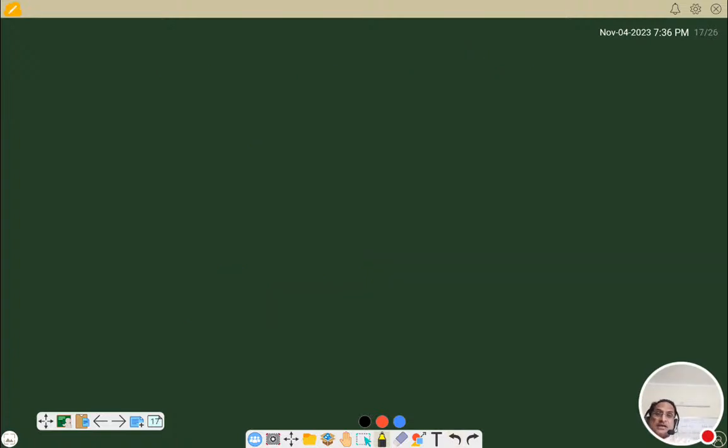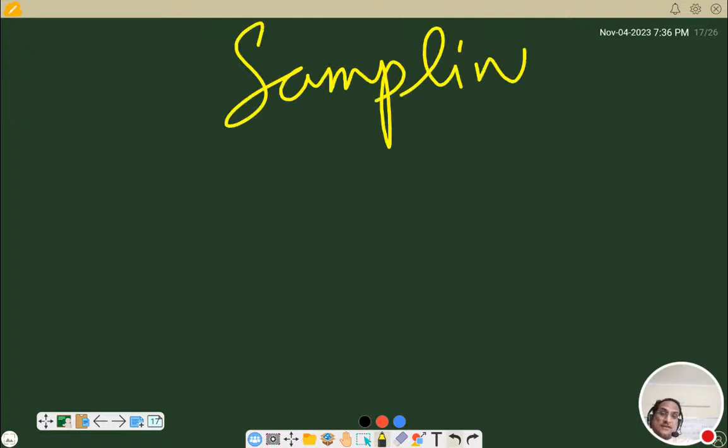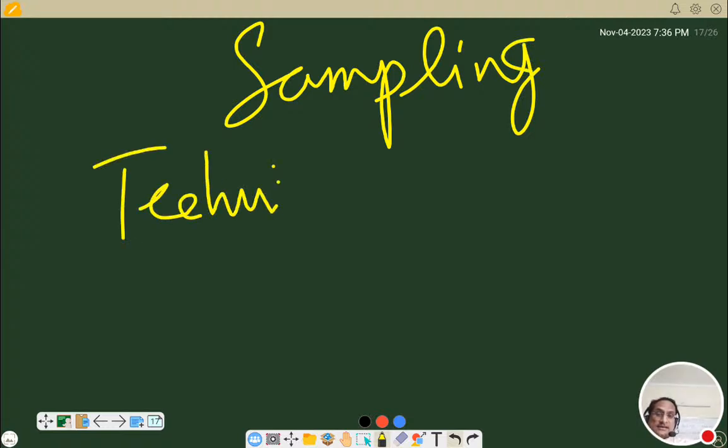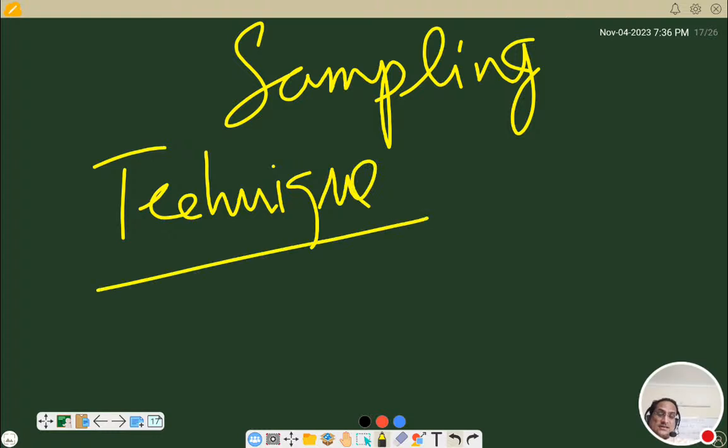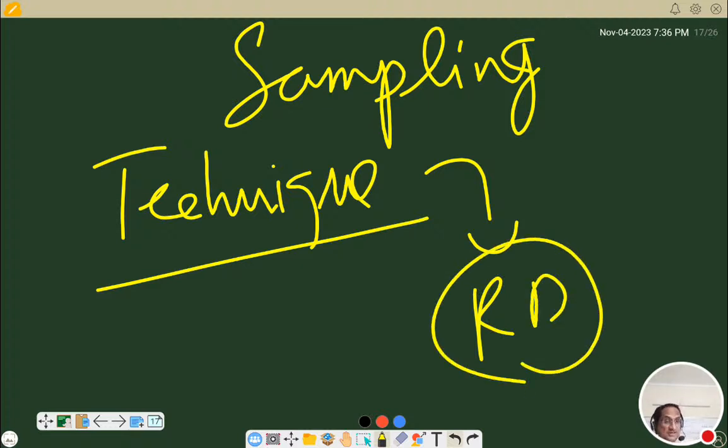Then, what kind of sampling will be done? What method of sampling? Sampling technique, which we'll study separately. The sampling technique which will be used by the researcher is also designed by the research design, because research design has a complete holistic plan, holistic strategy. This is research design.